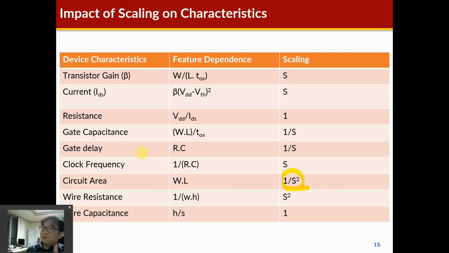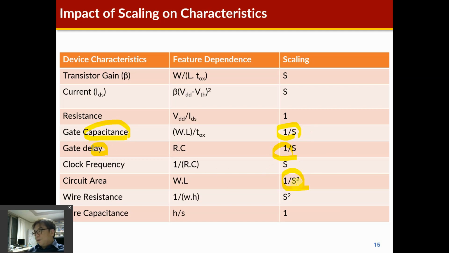If we can reduce the channel length of the MOS transistor, then there are many advantages. The capacitance is reduced, and the delay is also reduced, 1 over S and 1 over S. So when the channel length is shrunk, we can make faster transistor devices.